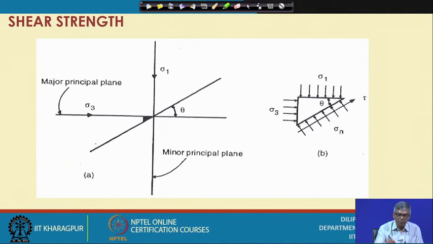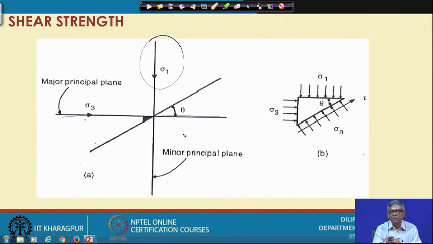And you can see now I have shown with this sketch, suppose this is sigma 1, that is the major principal stress. This is the direction of major principal stress, and then what is the major principal plane? That must be the major principal plane. This is the direction of major principal stress, but what is the plane? The plane is this, because normal stress is perpendicular to a plane.